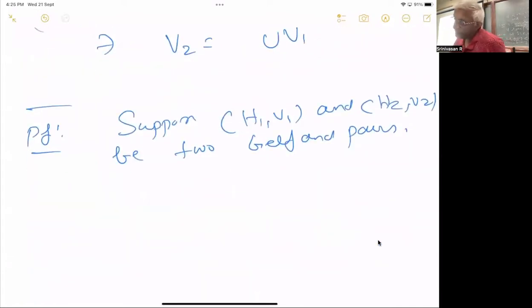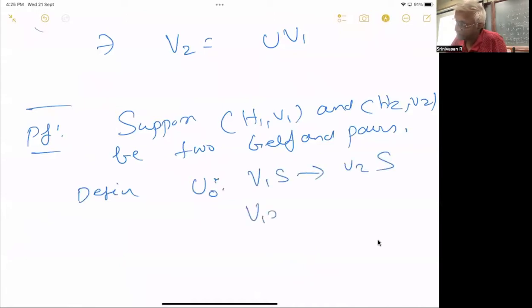Okay. Now we have two Gelfand pairs. Okay. So as I said, you need not even verify the well-definedness when you define it like that. Define U naught from V1s to V2s by V1x going to V2x.